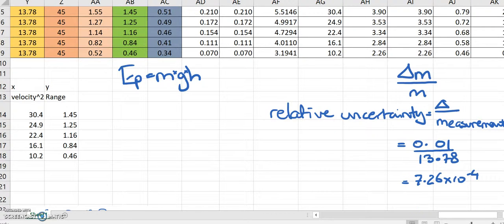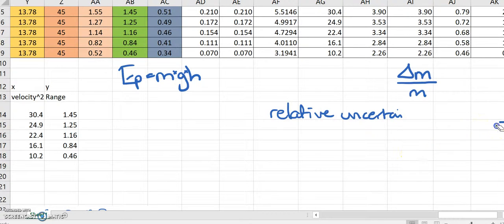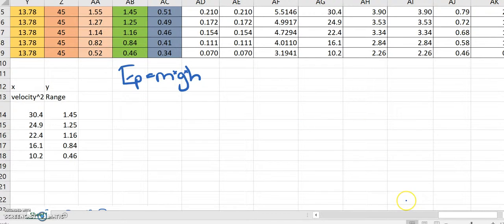Okay, so now that we know a little bit more about relative uncertainties, let's go back up here and work out the absolute uncertainty of the potential energy. I like to rewrite the formula in absolute uncertainty terms.